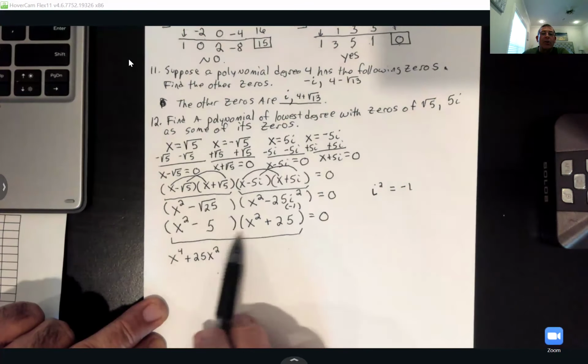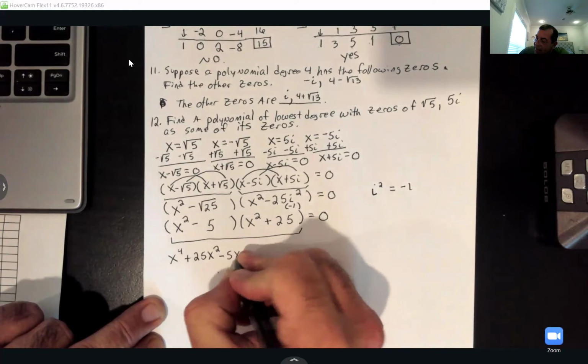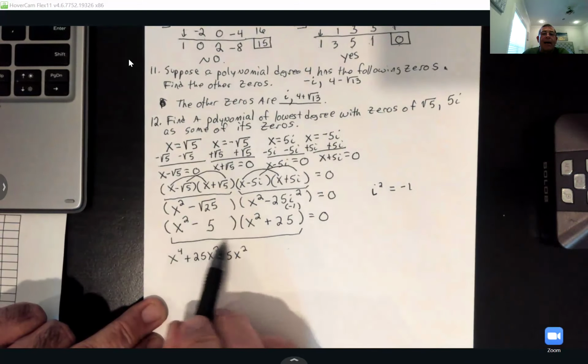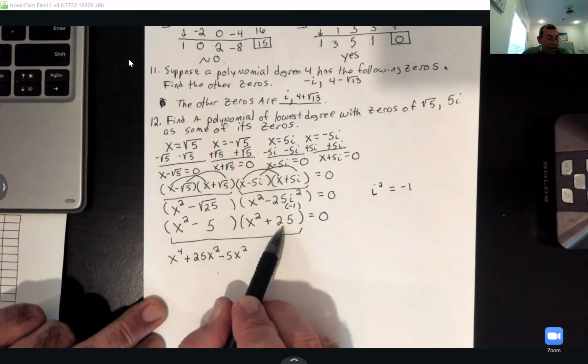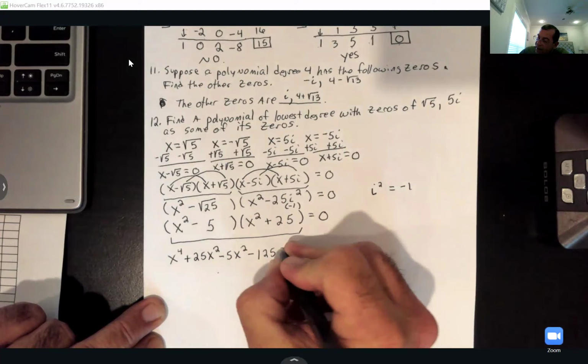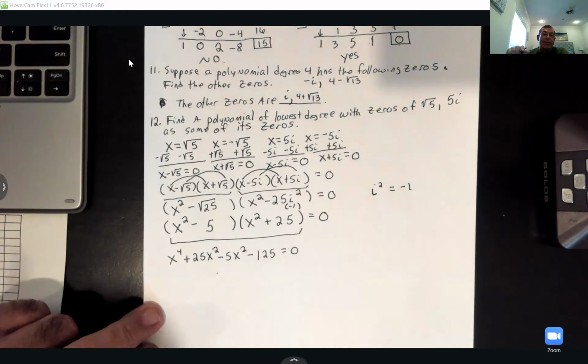So now let's start distributing the negative 5 times x squared is a negative 5x squared. And then finally, the negative 5 times 25 is a negative 125.